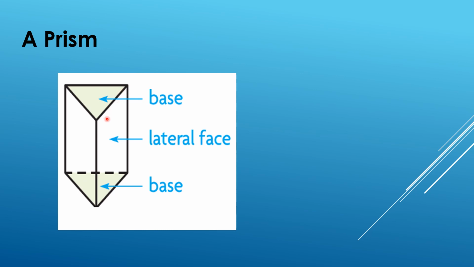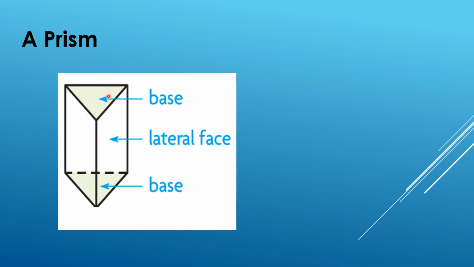And we have something called a lateral face. So the prism has how many faces? 1, 2, this is a face, and there's the one at the back, which is 3 faces, right? And the faces are connected to 2 bases.